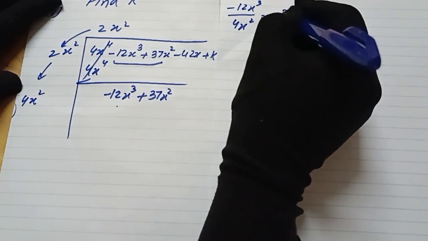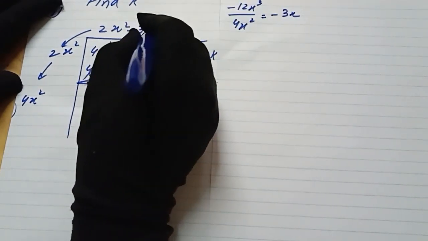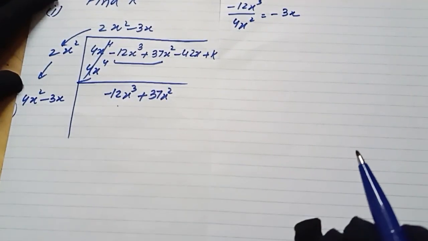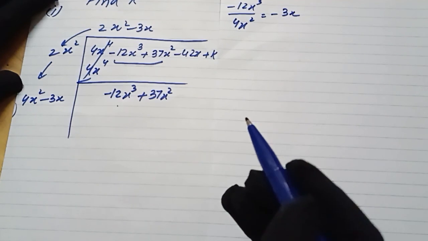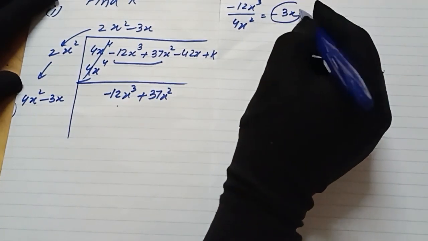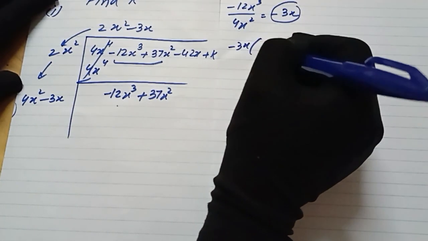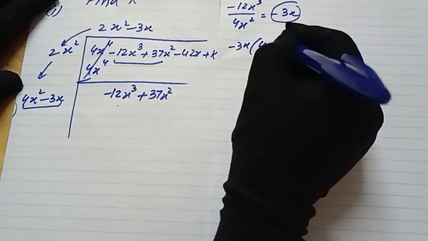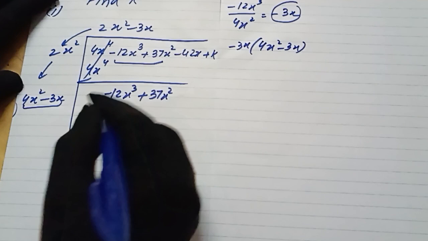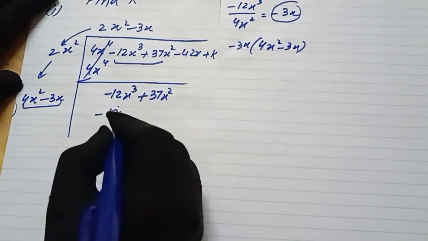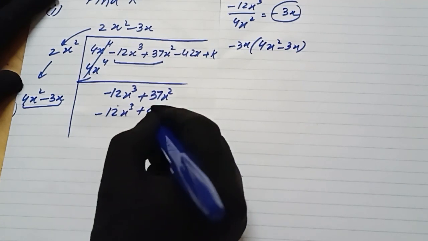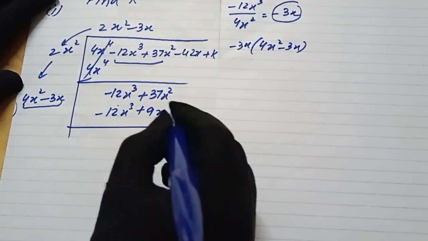You get minus 3x. Write down minus 3x as the second term for quotient and second term for divisor. Now, this term will be multiplied to the complete divisor, which you make now. In product, you can write here minus 3 4s are 12x cube minus minus plus 3 3s are 9x square.